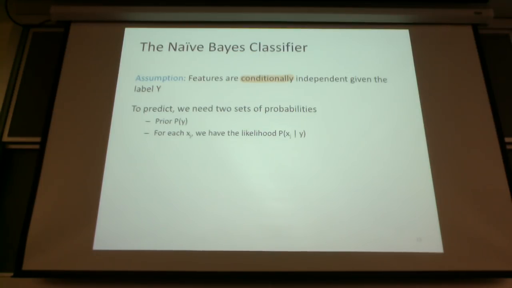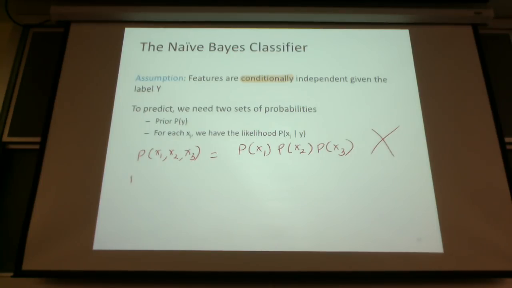So what that means is, let's say we have 3 features, it's not true that we are assuming P of x1, x2 and x3 is equal to the product of P of xi. This is completely not the case.